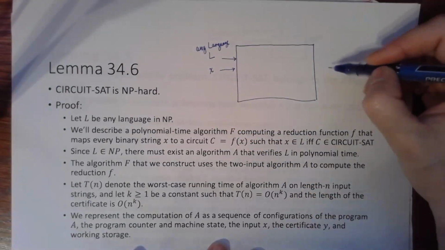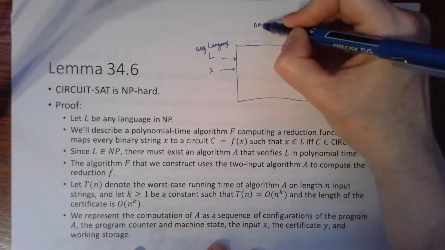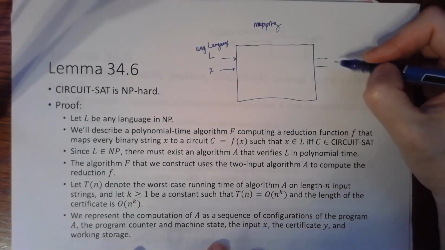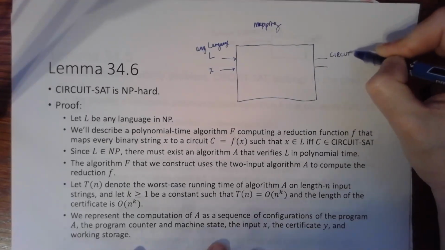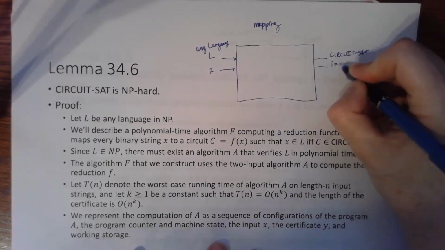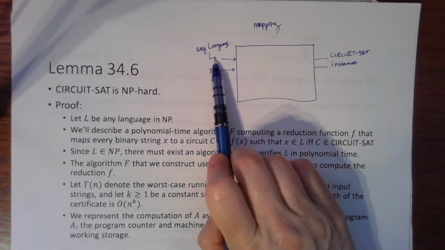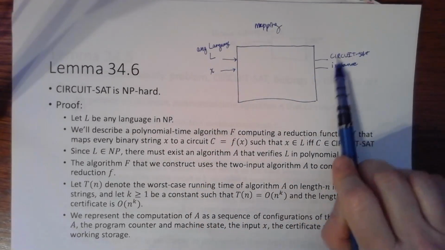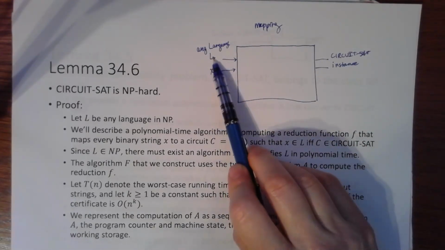What's going to come out, if this is some kind of mapping, is an instance of circuit SAT. So over here we've got circuit SAT. I have a language L, and I take an instance of that and map it to an instance of circuit SAT.